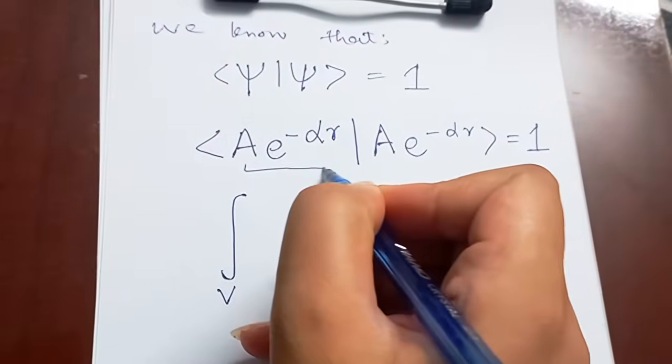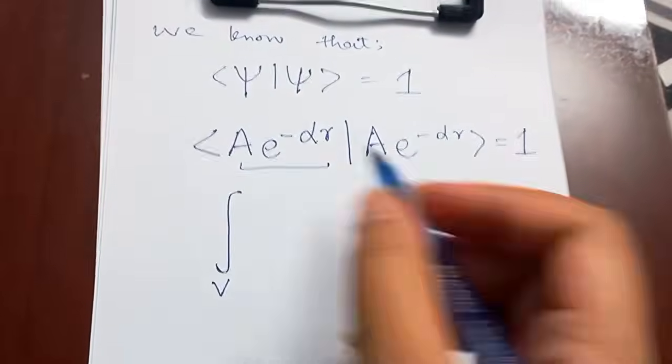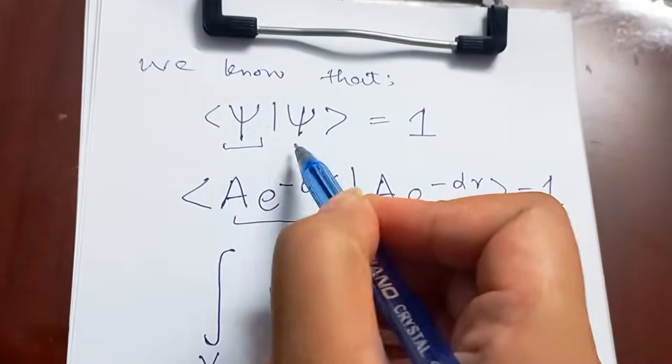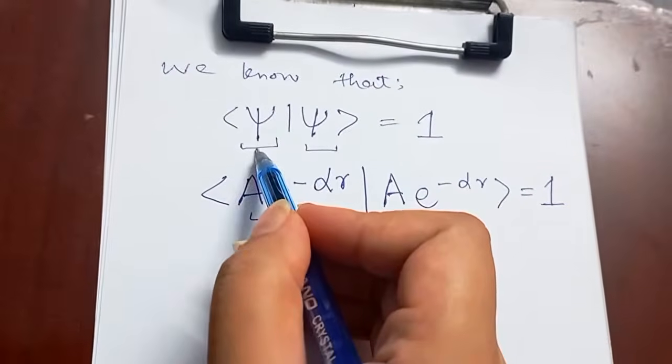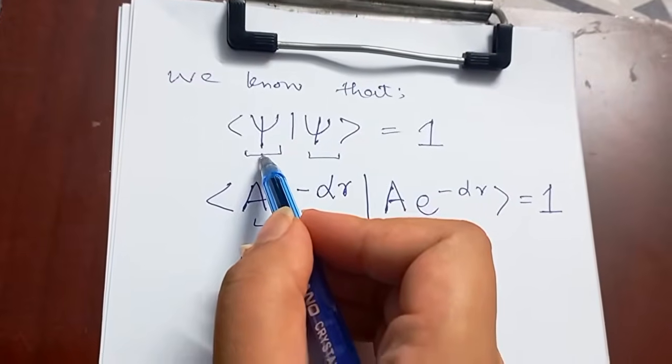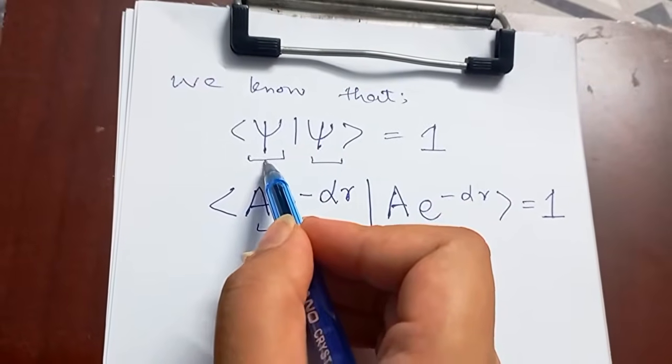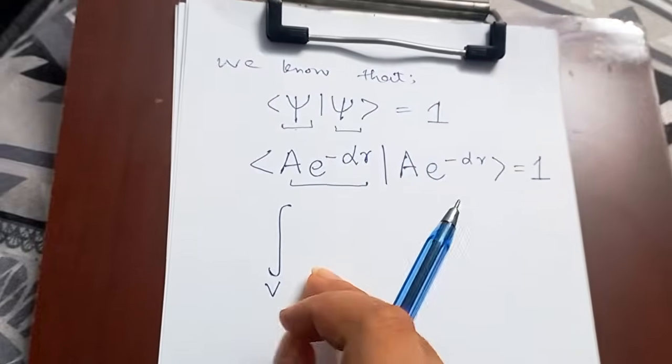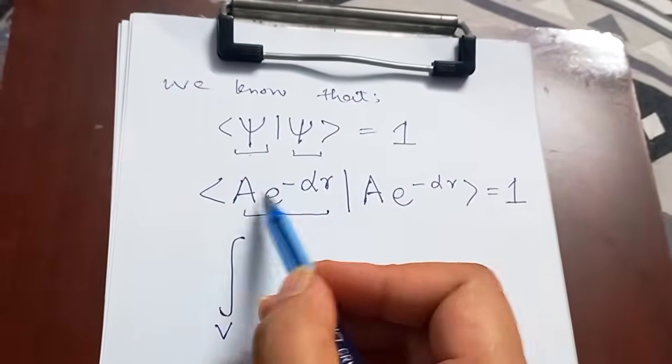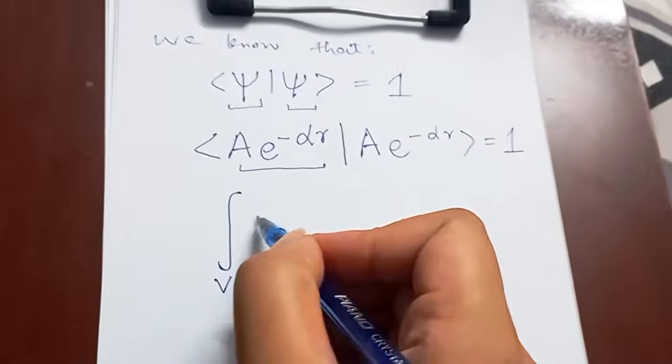Then we write the wave function from the bra vector. This is the bra vector and this is the ket vector. The one in the bra vector, we find its complex conjugate and then we write it. Since there is no iota in here, there will be no difference.